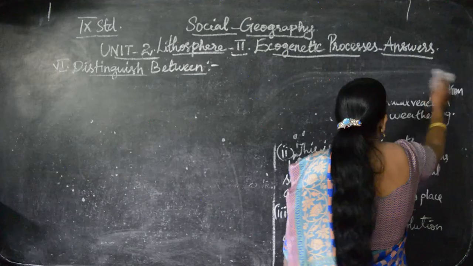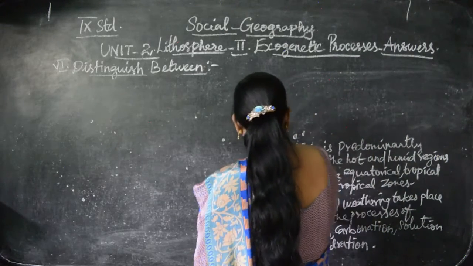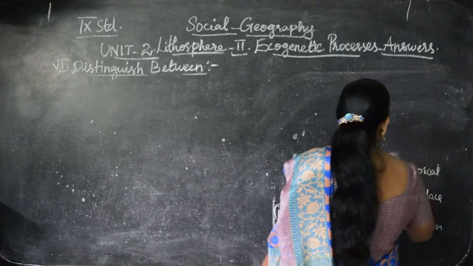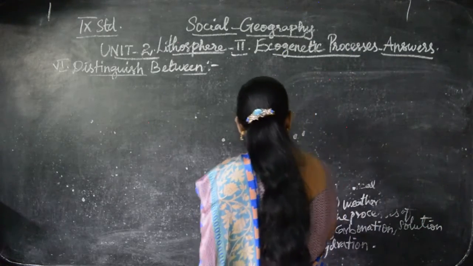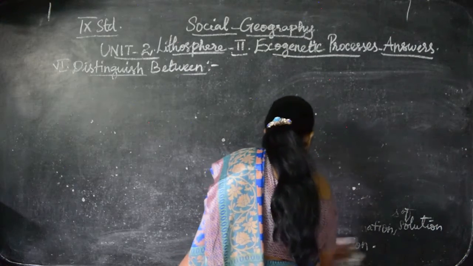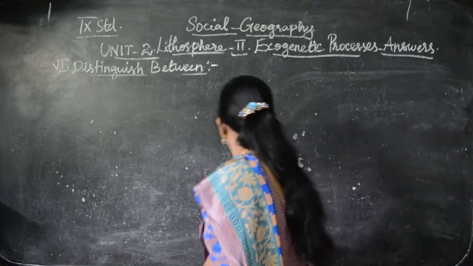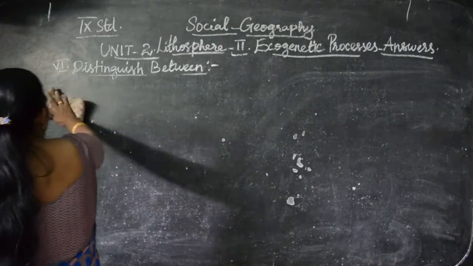Because you don't have the direct answers in your book for distinguish between, I am writing it on the board as notes. So, you have to copy it in your classwork notebook. Then only it will be easy for you to learn.